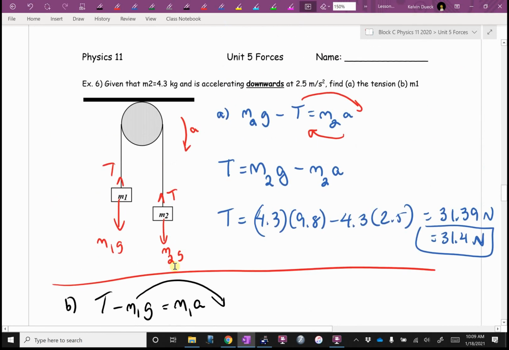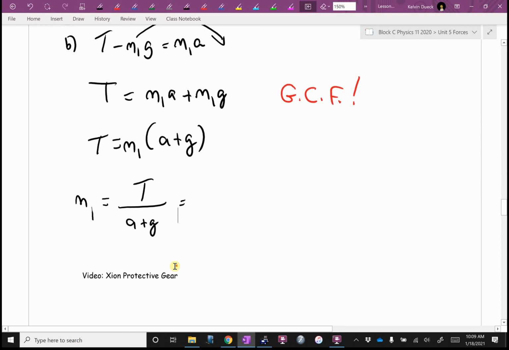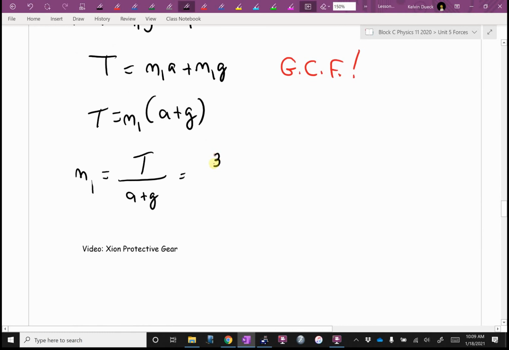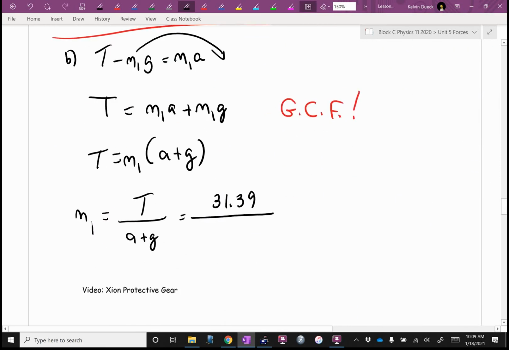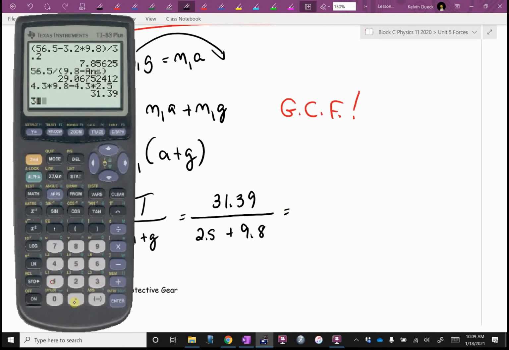It's going to be, what was tension? 31.39 all over, I must have told you A, 2.5 plus 9.8. And I get 2.55 kilograms.